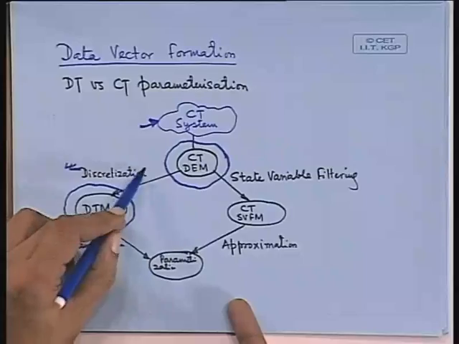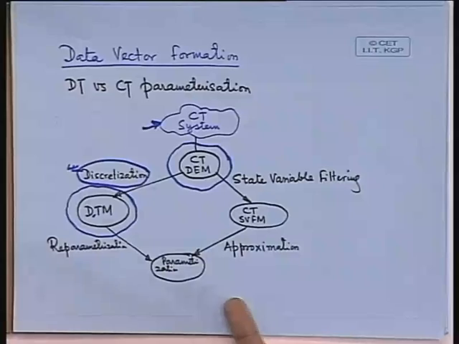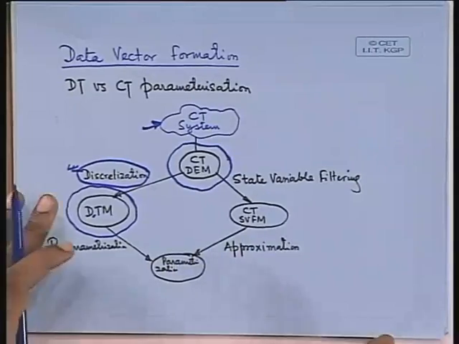You could have discretization using an impulse invariant, step invariant, or ramp invariant transform, various kinds of things. Without going into that, what model you get depends on the process of discretization, and there are many methods of doing that.